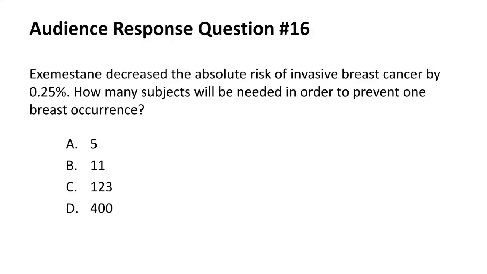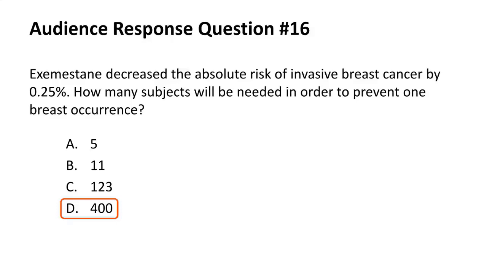How many subjects will be needed in order to prevent one breast cancer occurrence? A, 5, B, 11, C, 123, or D, 400? In this question, we are ultimately looking for the number needed to treat.